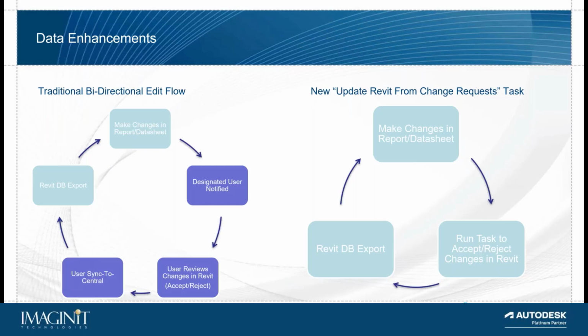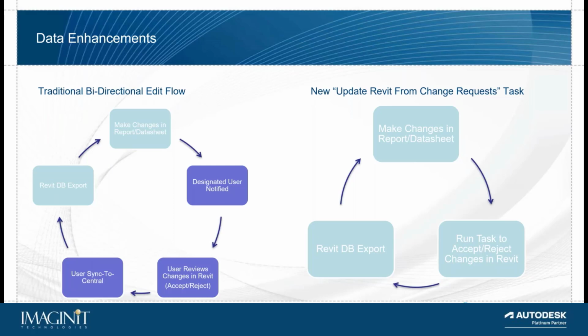The user opens Revit and says, show me the changes that have been requested and let me accept or reject them. The user still has to sync to central and export before it makes it all the way back around, and we have to get the database updated in the data sheet.